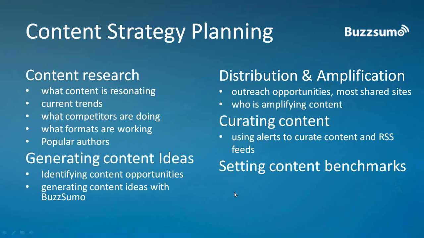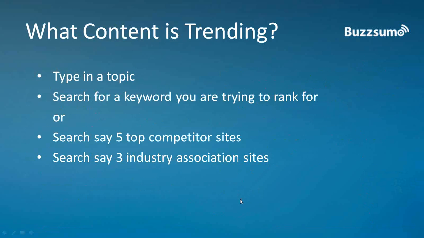And I'm going to do most of it. I've got some slides, but I'm going to do most of it live on BuzzSumo, as I think that's a bit easier. So in terms of what content's trending, you probably do this already. You probably go to BuzzSumo, type in a topic, and you can see what content's the most shared, or you might be just typing in a keyword that you're trying to rank for, and that's fine if you know what you're looking for.